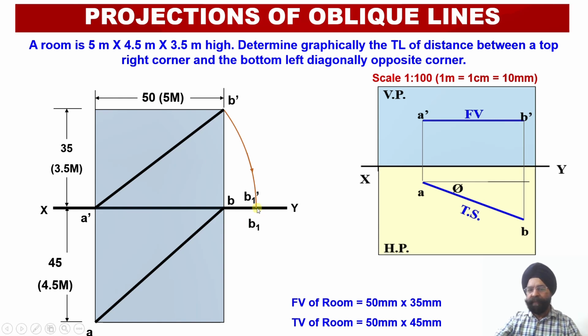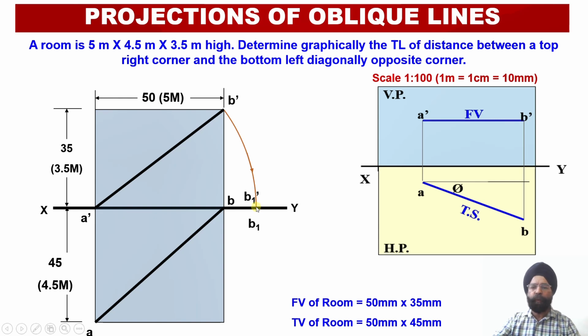So the distance between B dash and B, that is the distance between B1 dash and B1, happens to be 0. Why does this happen to be 0? Because point B happens to lie on the XY line over here. This way we will be able to obtain point B1 on the XY line.